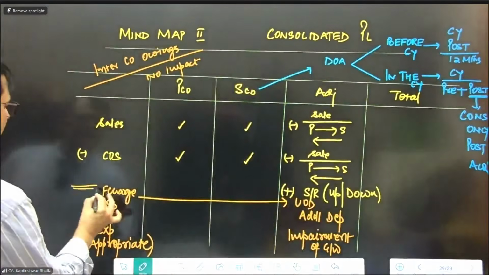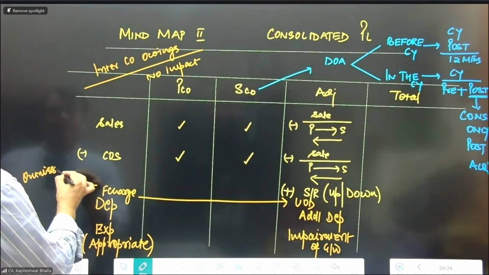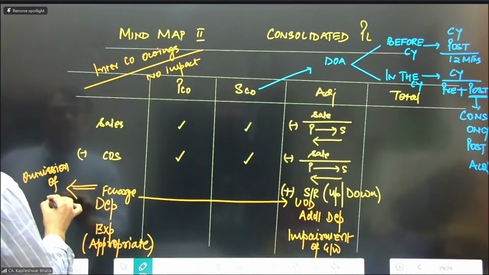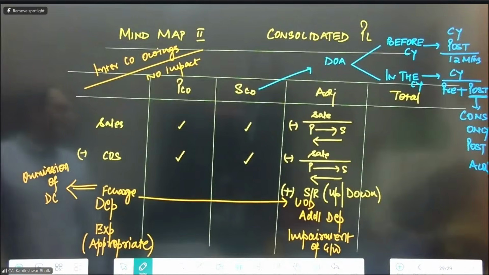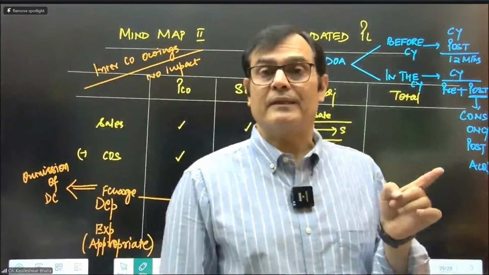This is the finance charge, which is the omission of a deferred consideration. So if a deferred consideration stands omitted, the unwinding, the interest expense, will get added.